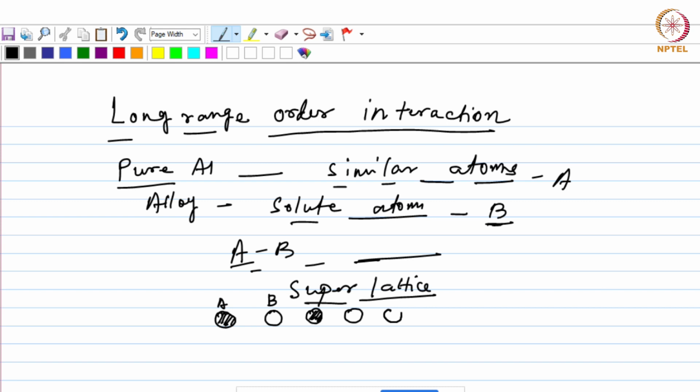Okay, and that is what is known as a long range order or an ordered solid solution. Right, so this will be across all the three directions, where you will have similar kind of arrangement. The same sequence will be followed in the other directions also.